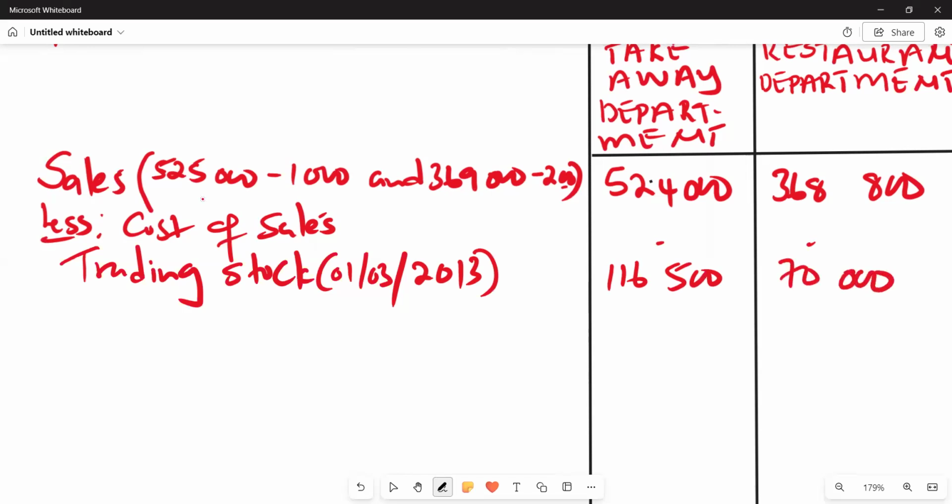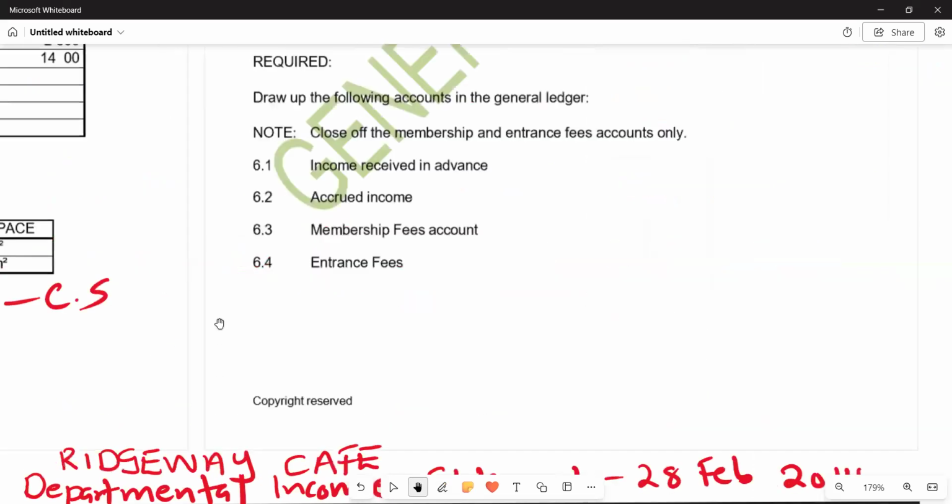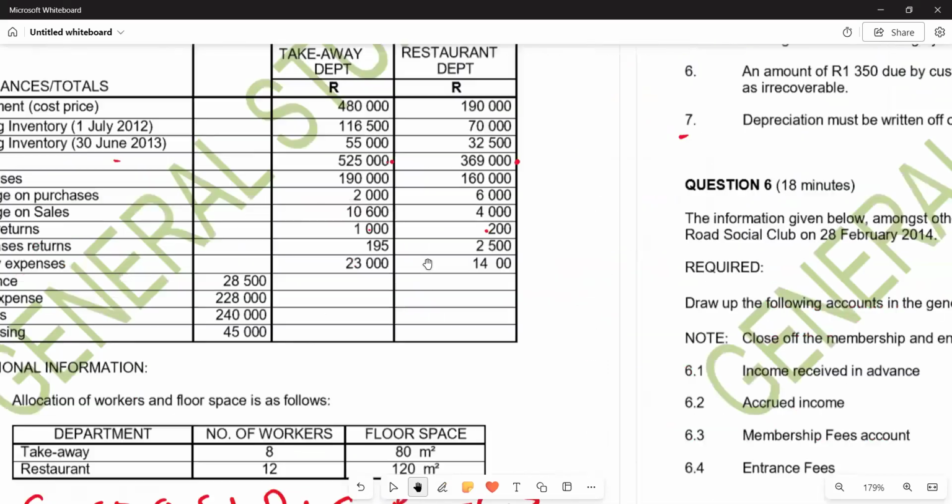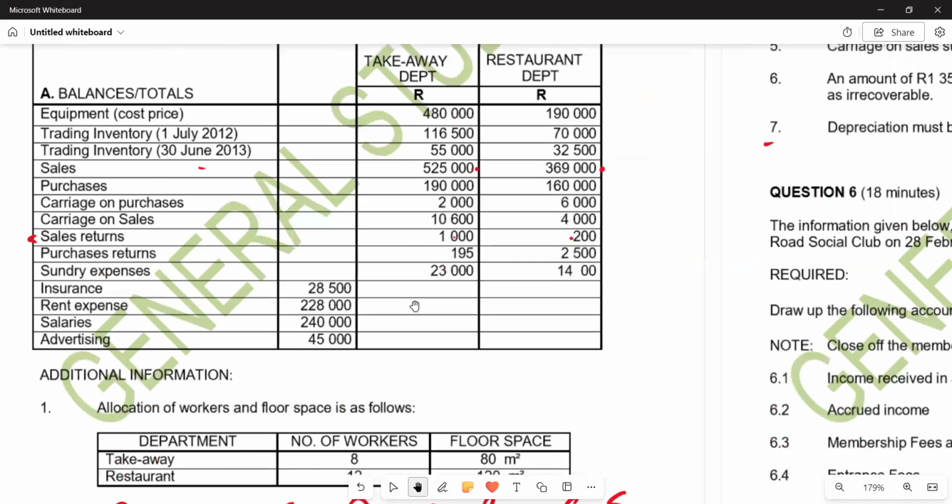Then from opening stock, we add our purchases. We try to find out again about figures for purchases. For the additional information, you should go through it first so that when we are making the adjustments, you know where to adjust.